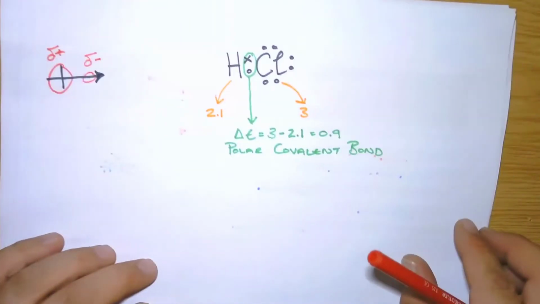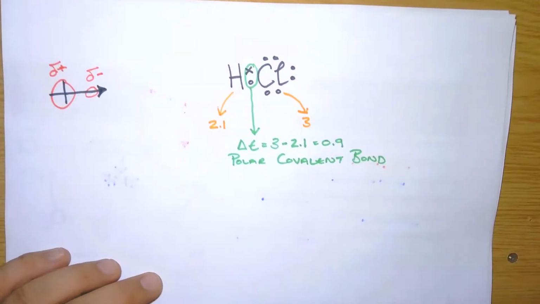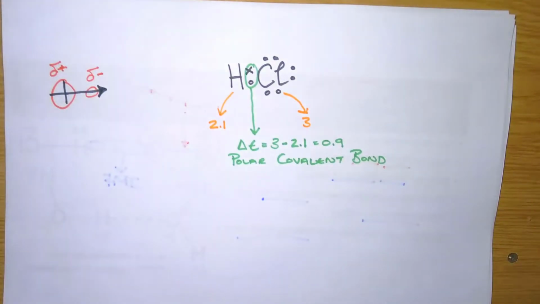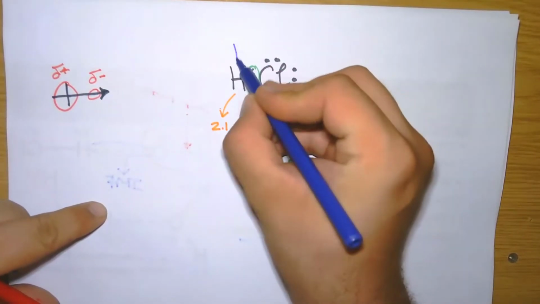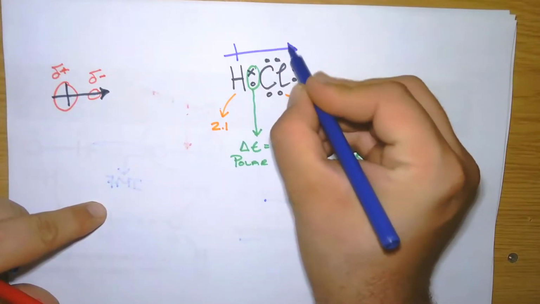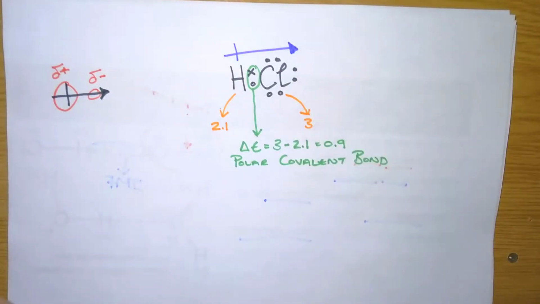In our hydrochloric acid, the shared electron pair spends a little bit more time around the chlorine than it does around the hydrogen, making our dipole moment look like that.